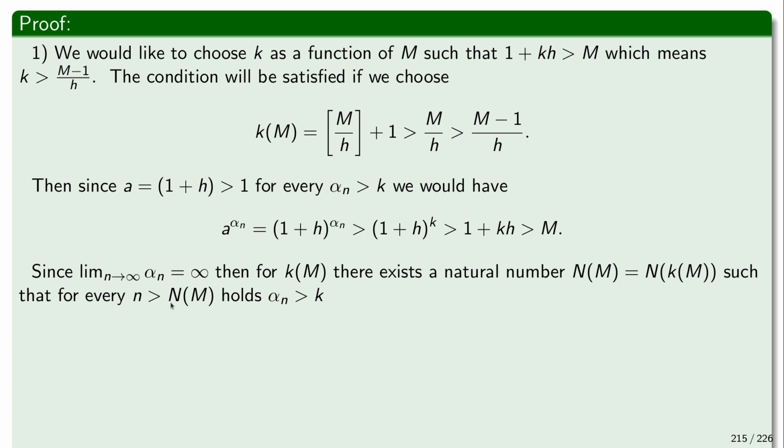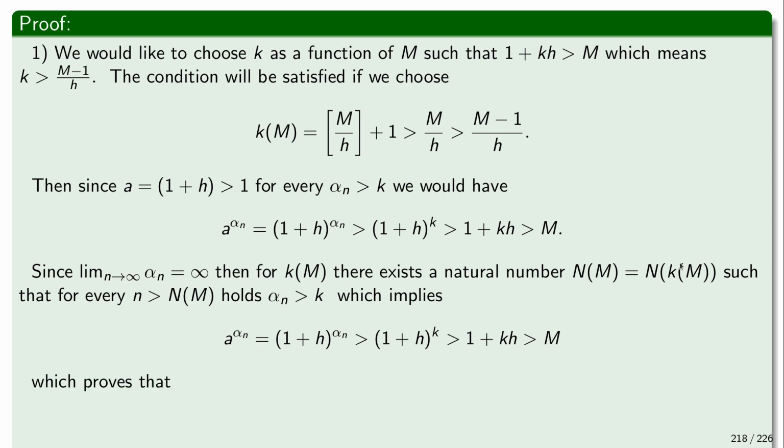And then for every n that is greater than n of m, what we would have is that alpha n is greater than k, which implies, by the whole derivation that we've made, that a to the power of alpha n equals this, and this is greater than this by the law of real exponents that we've proved, and then this by Bernoulli's inequality is bigger than that, and then by the choice of k it's going to be bigger than m. So we've proved that for any n that is greater than this n of m, this holds, which proves that this limit is infinite.